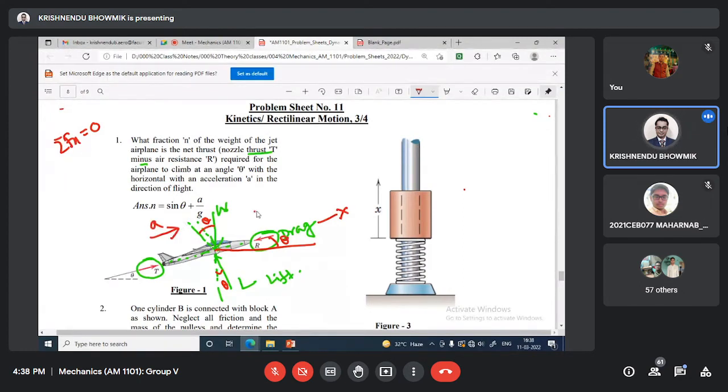So we can consider, using D'Alembert principle, this is the m.